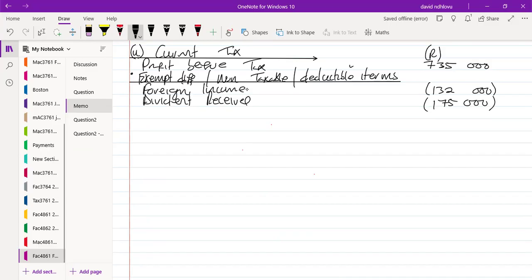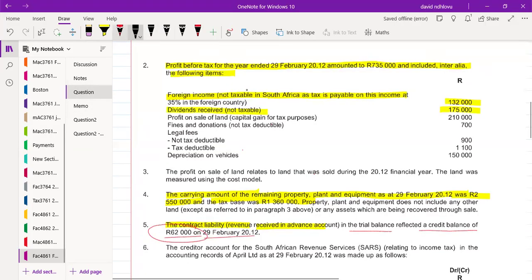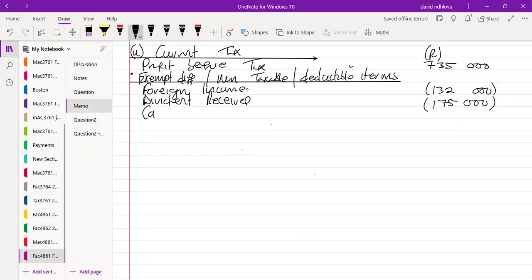So income, you deduct, expenses, you add. Right, then we had profits on the sale of the land. So this will automatically give you a capital gain. What is a capital gain, good people?